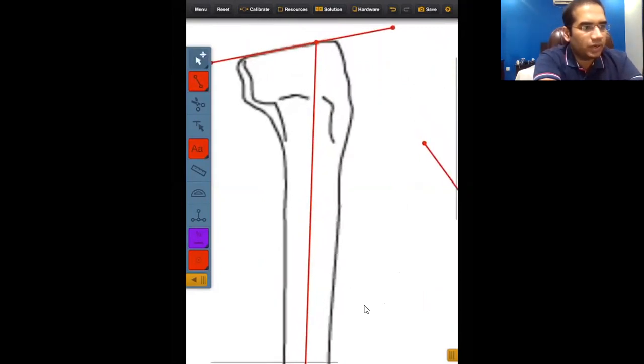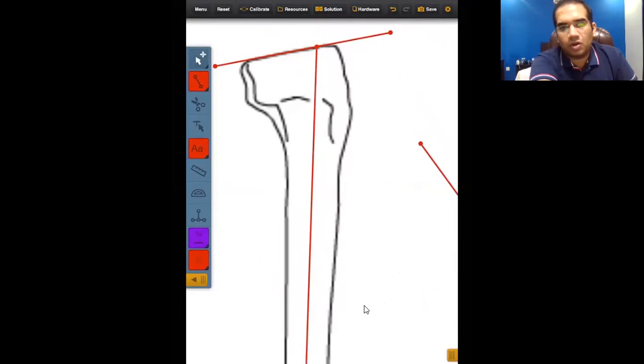Look what has happened over here. This line has not joined the tibial plateau in the middle. So what is the reference point? What is the point where in a normal tibia this mid diaphyseal line should meet? It is the junction of anterior fifth and posterior 4/5.